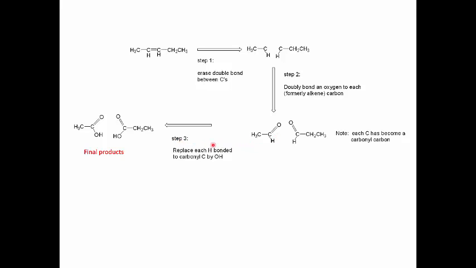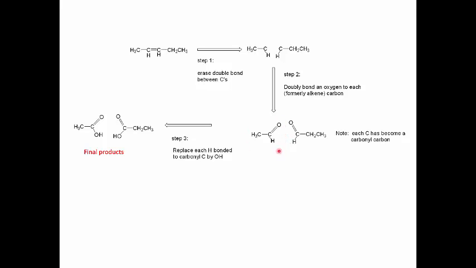Step 3 involves the following. Look, in each case, look at the carbonyl carbon. Each CH bond that you see, replace each of those hydrogens by an OH group. Each H covalently bonded to a carbonyl group is replaced by an OH group.